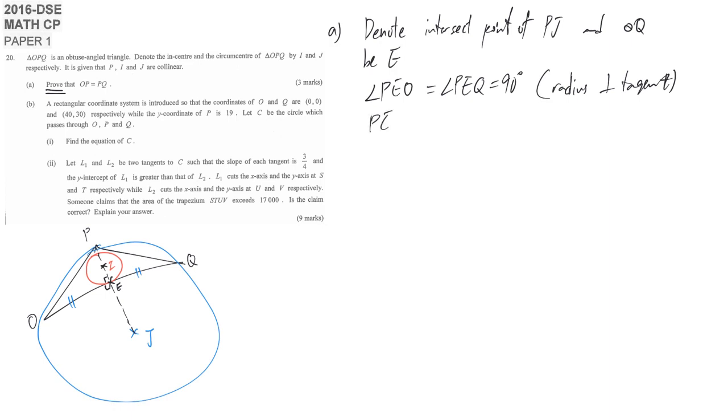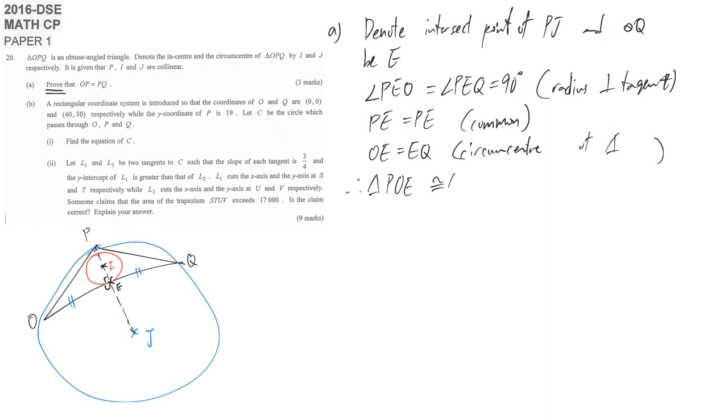Second, PE equals PE because they are common. Lastly, OE is equal to EQ. That is because of the circumcenter of the triangle. Because of these three pairs of information, we can say that therefore triangle POE is congruent to triangle PQE.